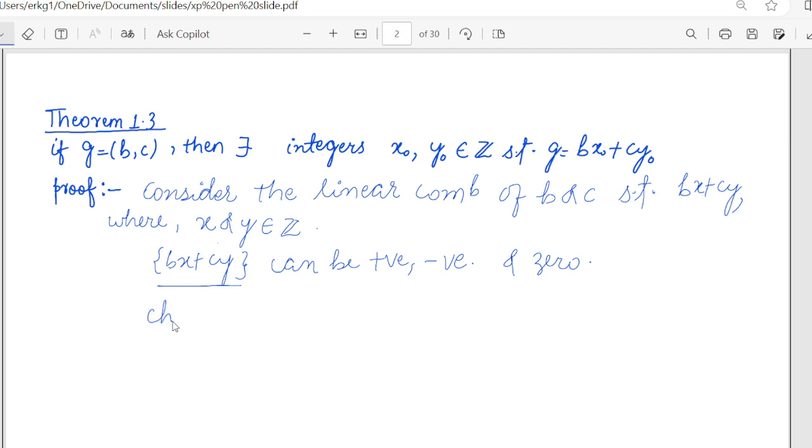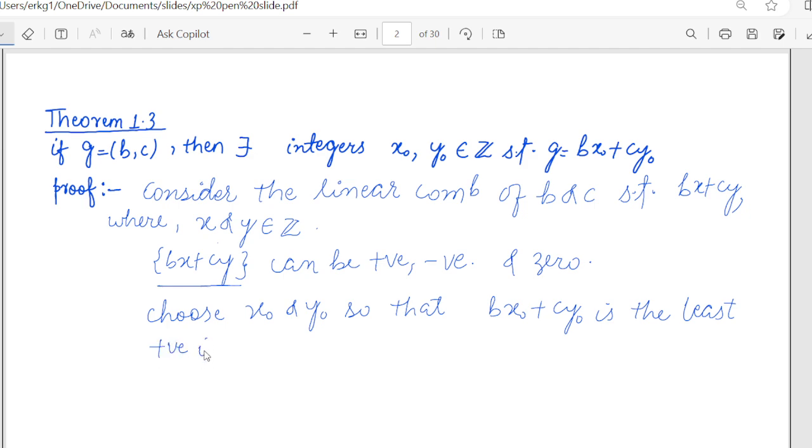Now choose x naught and y naught so that Bx naught plus Cy naught is the least positive integer L in the set, I mean this set Bx plus Cy.